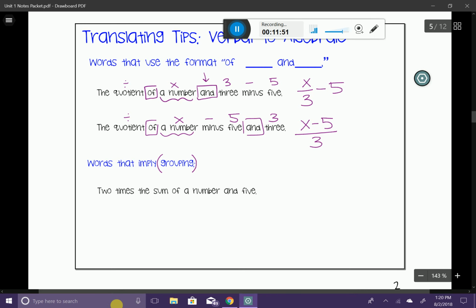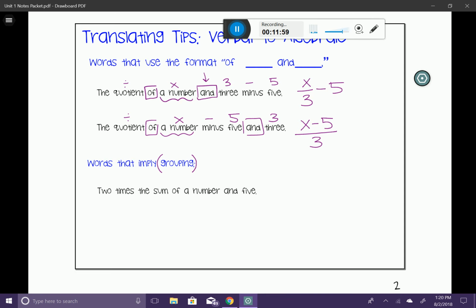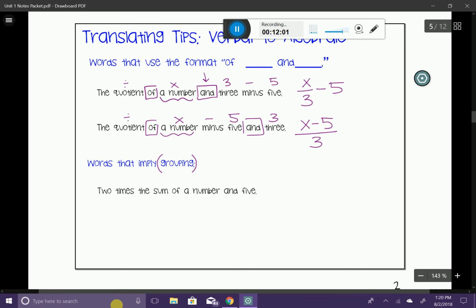So in the example, it says 2 times the sum of a number and 5. Words that imply grouping look like this. Let's annotate it. 2 times the sum of a number and 5. There's my annotation. Here's what implies the grouping: do you notice how I have 2 operations, times and sum, right next to each other?